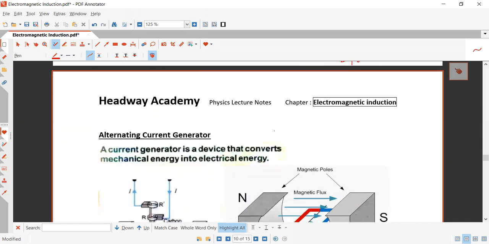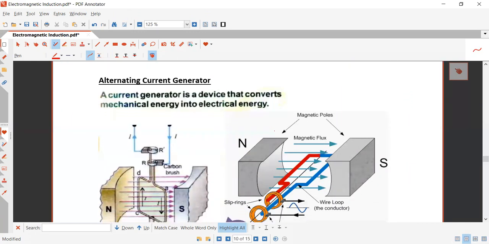Okay, now let's go further. Students, you all know about the AC generator already, right? Now we are going to do it in a much more detailed form.